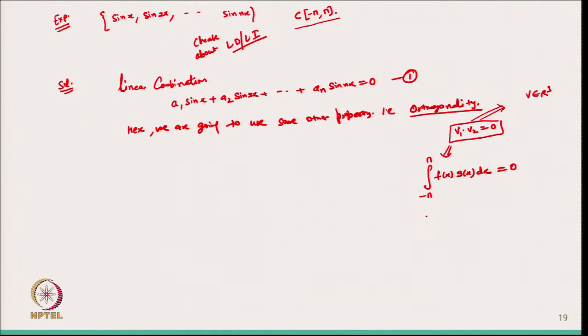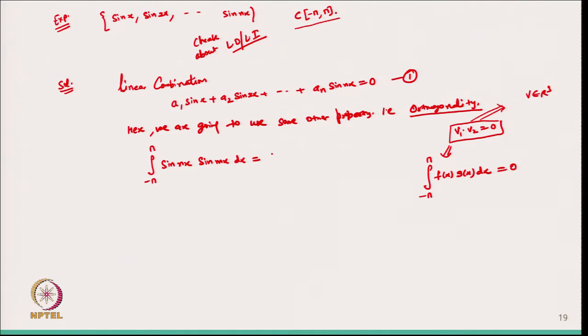So, here we are using the same property. We know that from minus pi to pi, if I take sin nx and sin mx dx, let us check what is going to happen.